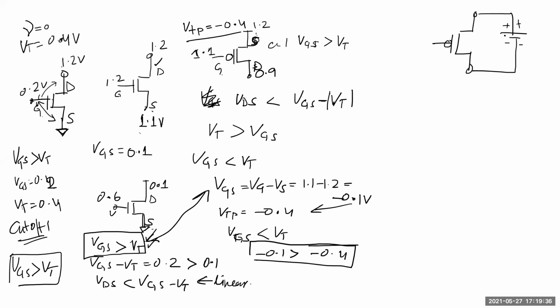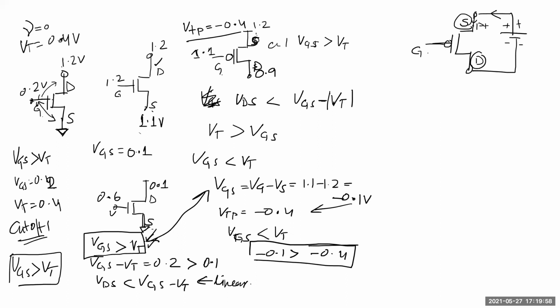The source end is the one which is the source of positive carriers. Because this is P plus and positive carriers are flowing in this direction, this is the source of your majority carriers. That's why this is source and this is drain. In the NMOS, it's the opposite. And this is the gate, right?